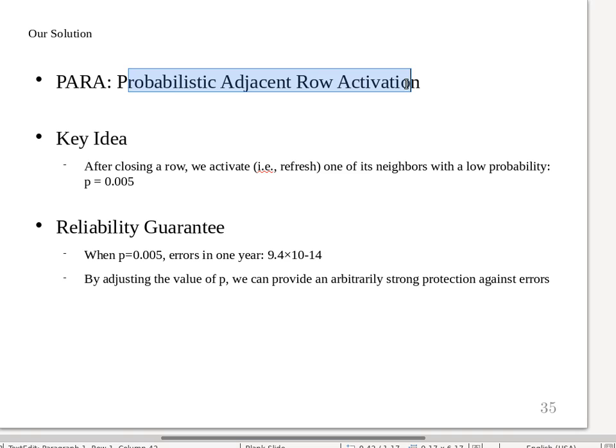So PARA is probably just another solution. Their solution is, after closing an activated row, refresh one of its neighbors with a low probability. The reason this works is that it refreshes with a certain probability, which stops a row hammer from working correctly, because in order for a row hammer to work, it has to hit that row over and over again very quickly.